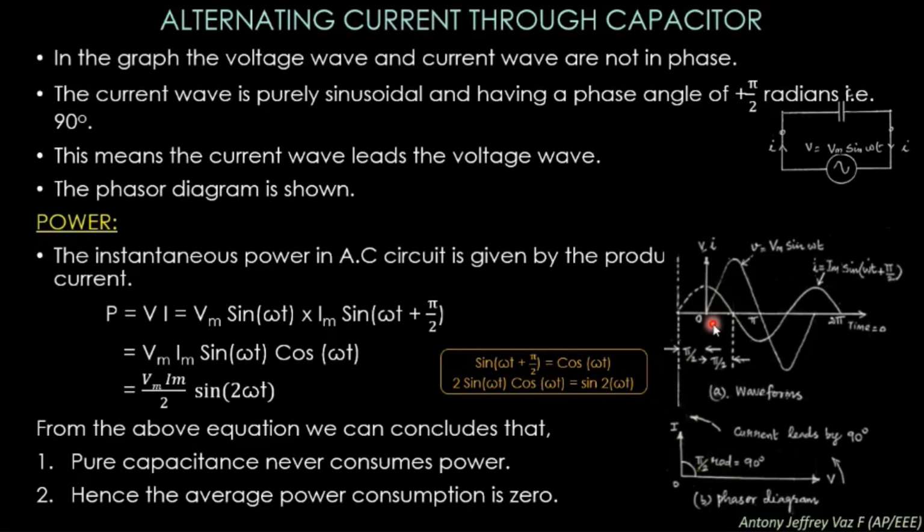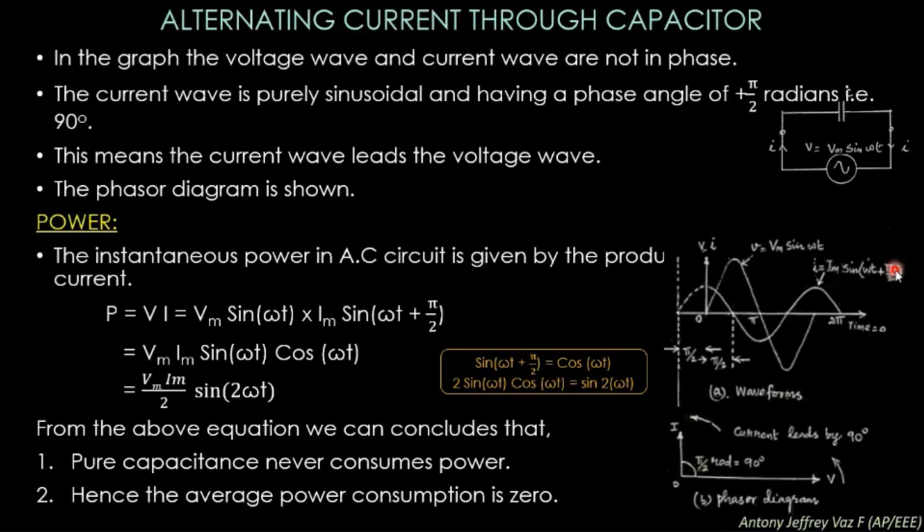This is the graph. You can see this is the voltage wave, which is nothing but V is equal to Vm sin omega t, and this is the current wave, which is nothing but Im sin omega t plus 90 degree. So you can see this pi by 2 term is added in sin omega t plus 90 degree, but in resistive load we had only Im sin omega t, the sin omega t plus theta form with theta equal to 0 for resistive load.